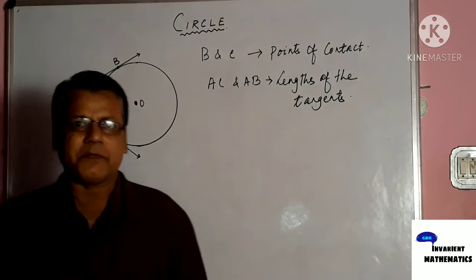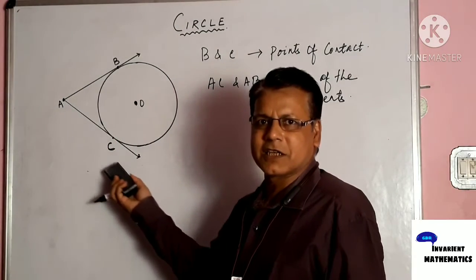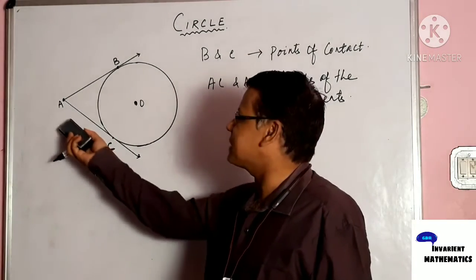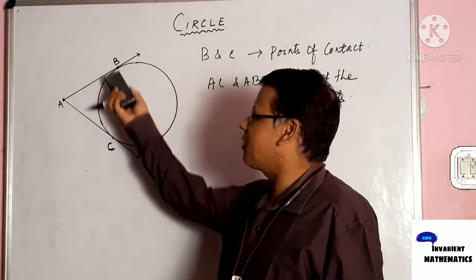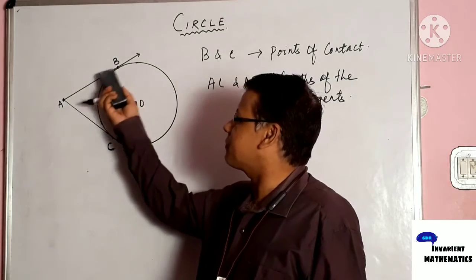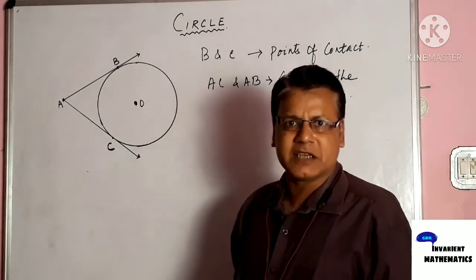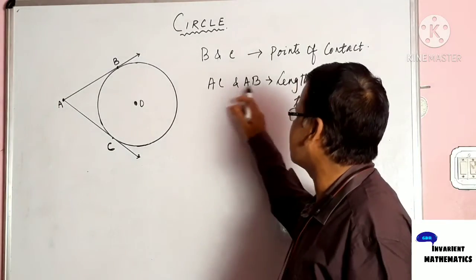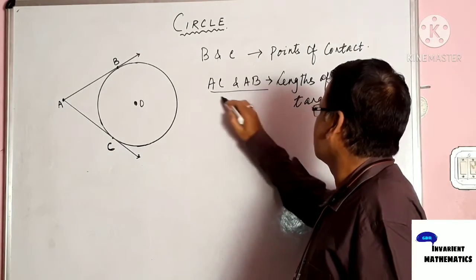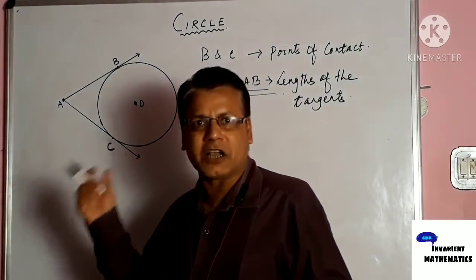But from a point outside the circle, we can draw two tangents, and where the tangents meet are called points of contact. The distance between the point of contact and that point is called length of the tangents. So AB and AC are called length of the tangents. These are the basic concepts.